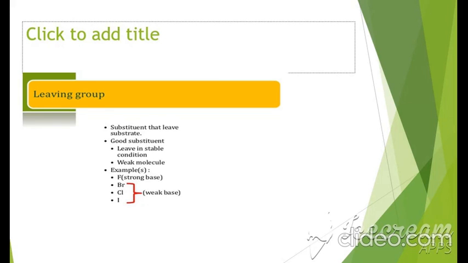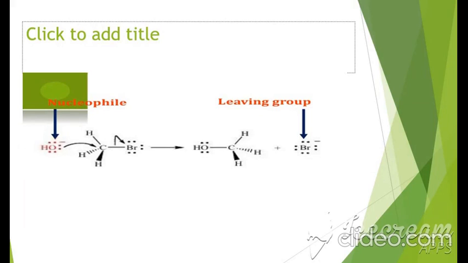And what is the electrophilic center? The electron deficient center is the R. R is the electron deficient center because of the polarity difference: bromide is more electronegative than carbon, so some polarity develops. This is highly electronegative and this carbon has a positive charge.